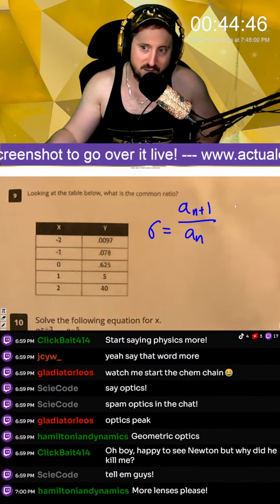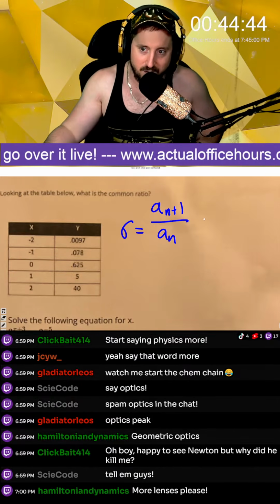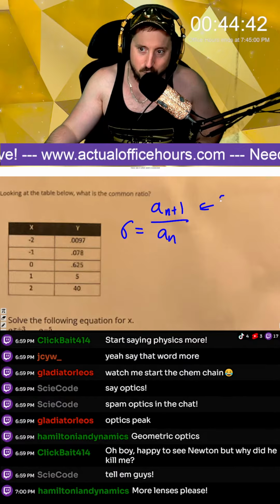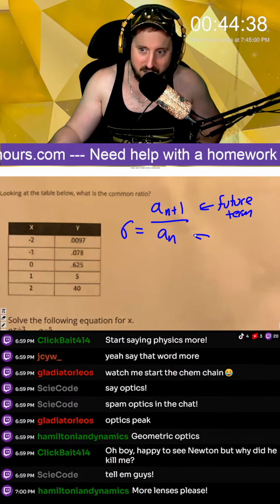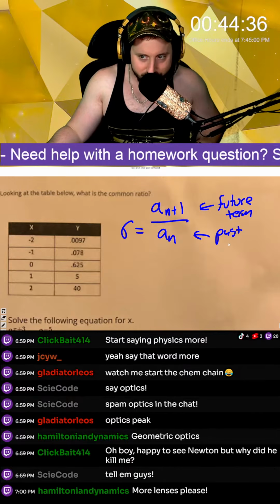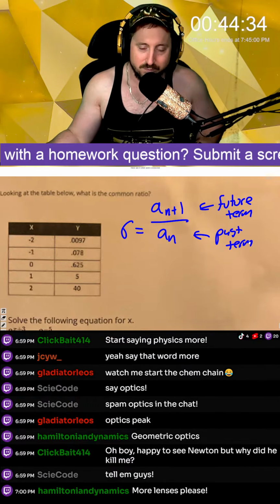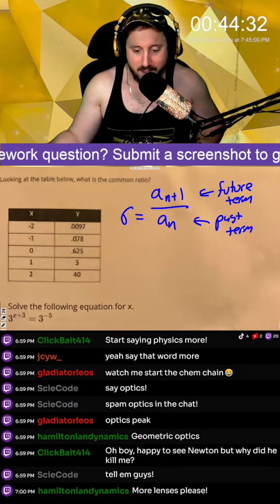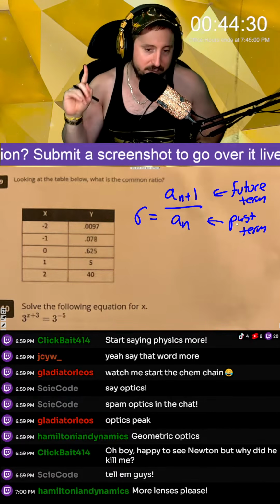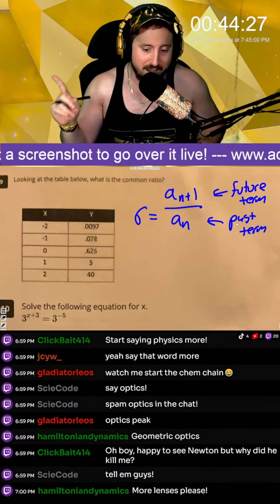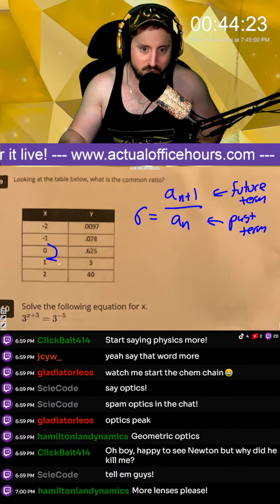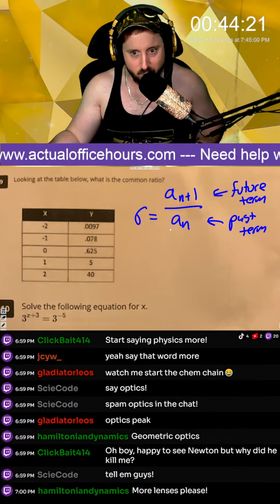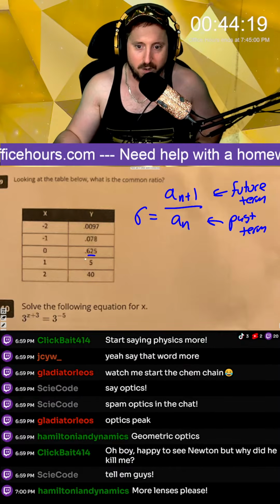What this means is you just look at the future term divided by the past term, assuming they're consecutive. You have to assume they're consecutive. These are consecutive terms, right? And N is going up by 1.